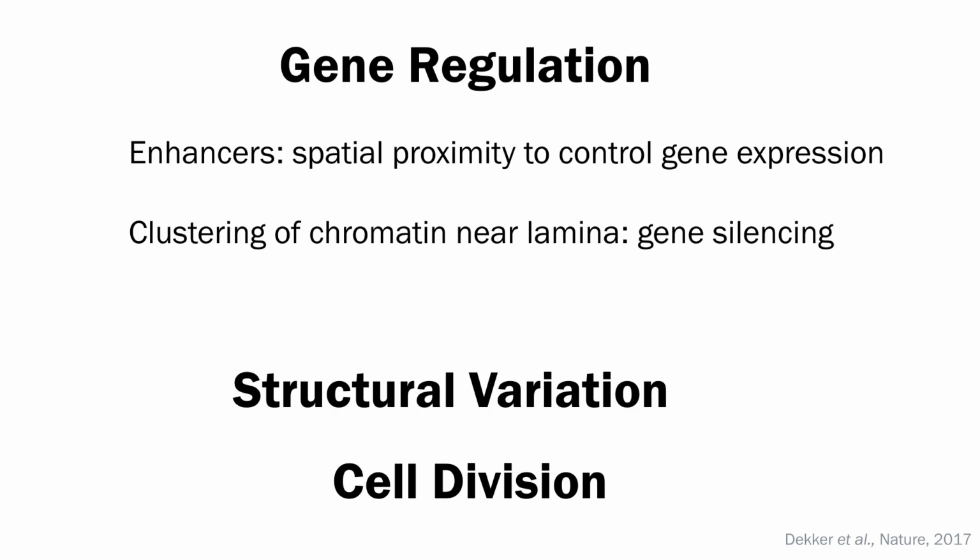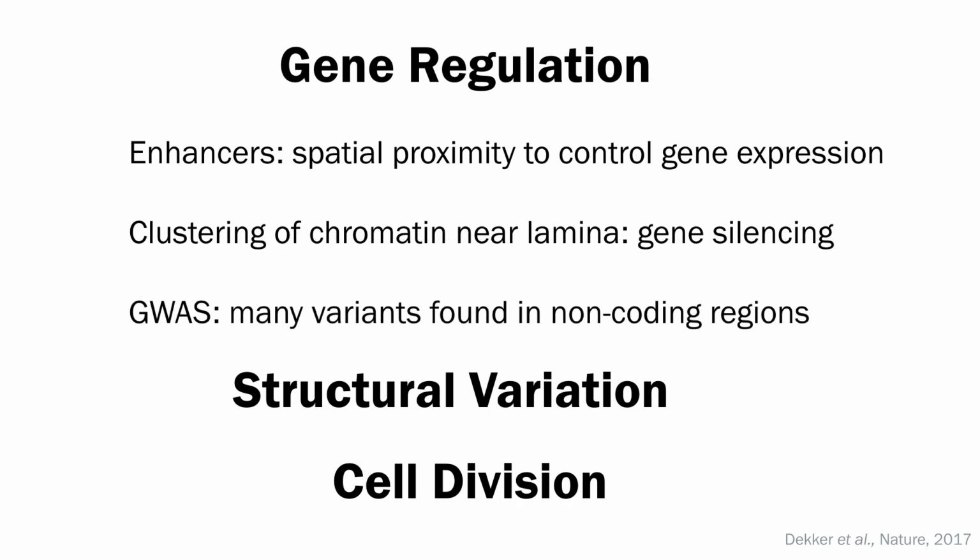And the last example here is, for example, when you have GWAS data and you try to understand what your non-coding variants are doing, or variants in non-coding regions, that is also something you can study when you understand the 3D structure of the genome, how these SNPs might be affecting other mechanisms or processes.